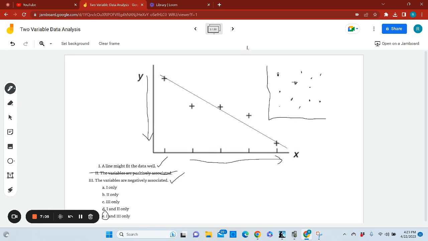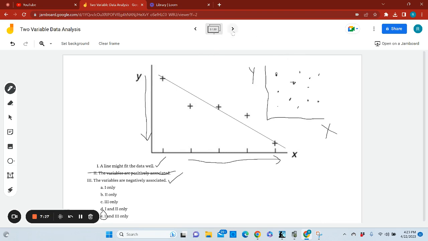Or that they don't have any type of association. That doesn't mean there's not a relationship between the two variables. It just means they're not correlated in any type of way. We can't pick up a pattern. As the x values increase, it doesn't really help us determine what's going to happen on the y-axis.